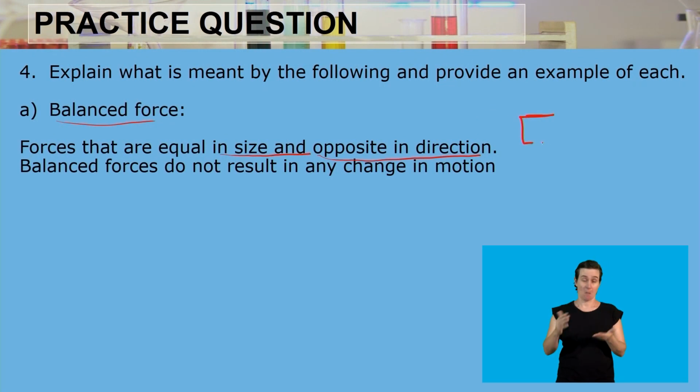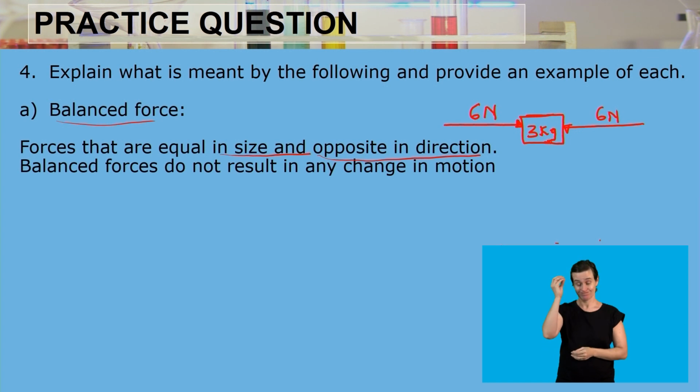Say for instance, we have a block that has a mass of 3 kg. And on this block, there's a force to the right applied to it, and this force is 6 newtons. And there's also going to be another force acting in the opposite direction, also 6 newtons. Remember, for us to illustrate a force, we need to use an arrow.